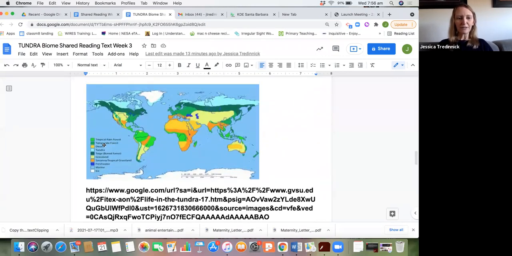And if I look at this map, the blue is tundra. So my blue is all up here in the Arctic Circle, around here. If I go down and look at Antarctica, funny, it's true. It's not considered the tundra biome. It's actually ice. It's a plain of ice. So I'm not going to get into why that is.